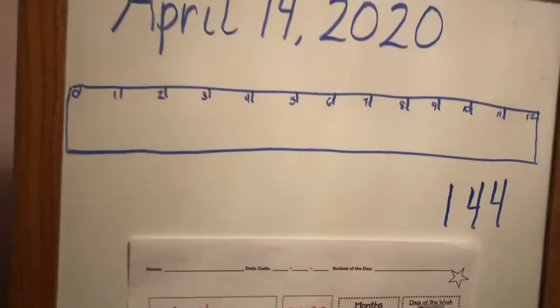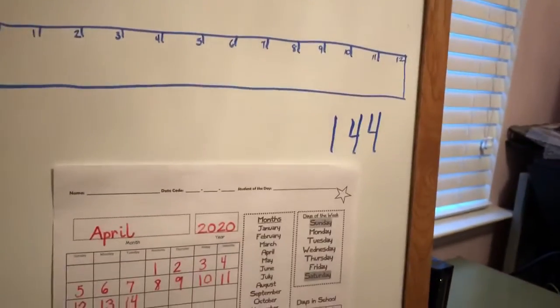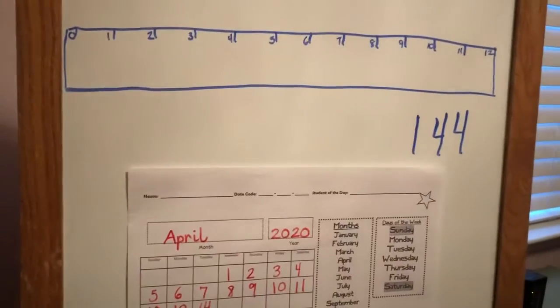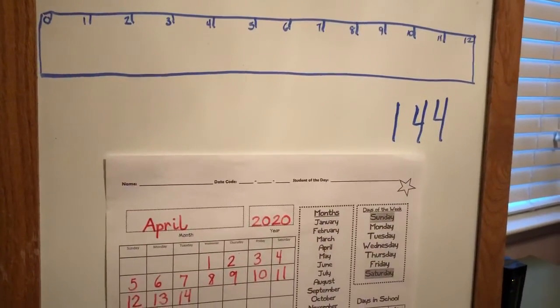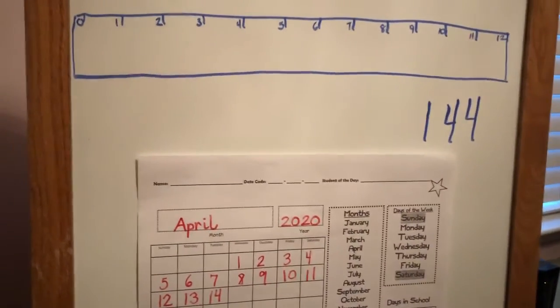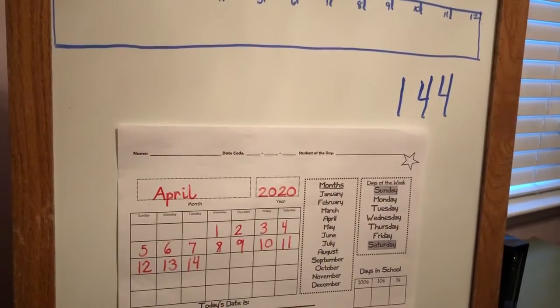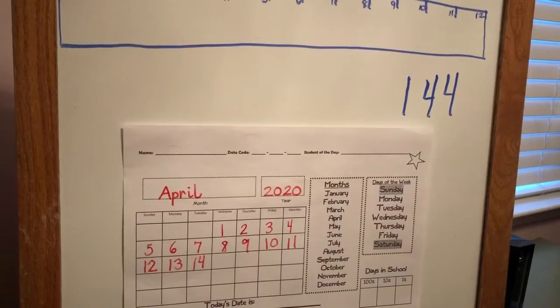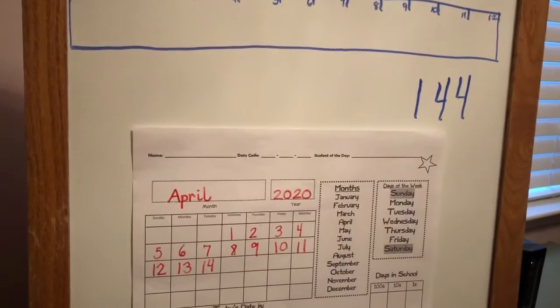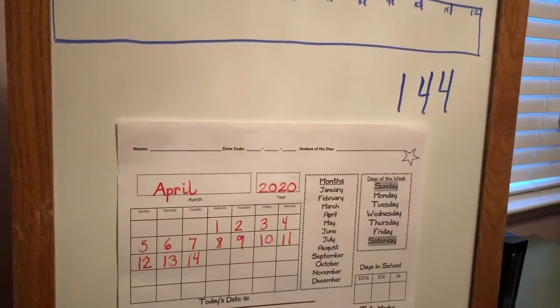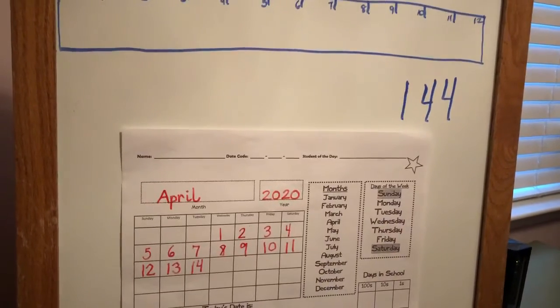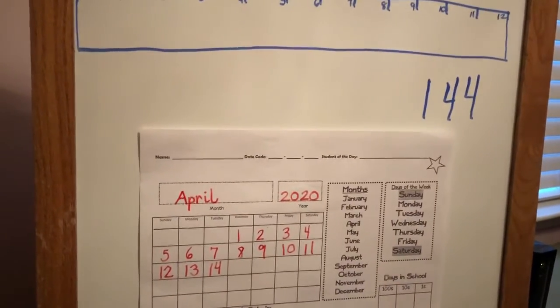144. Okay, before we get started, I want to read a problem that we would do, our problem of the day, okay? So here's the problem. Dakota has 36 pennies. Haley has 10 fewer pennies than Dakota. How many pennies does Haley have?